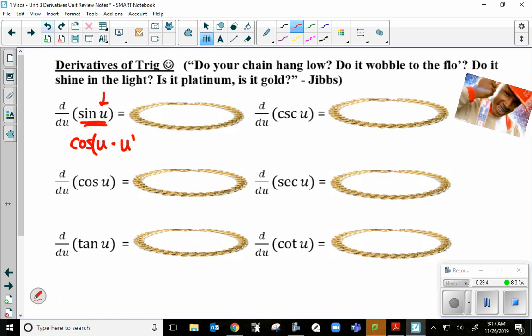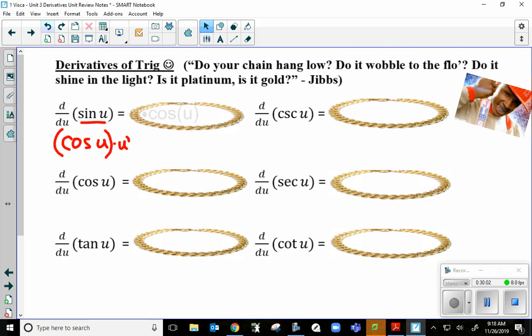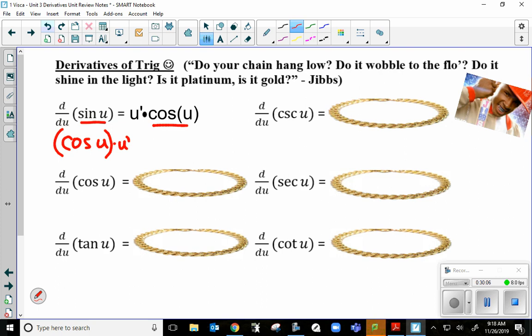It is very critical that you realize it's not the cosine of u times u prime. The cosine is of u separately, then multiplying that value times u prime. So I take that u prime and put it out front. So it's the cosine of u times u prime.